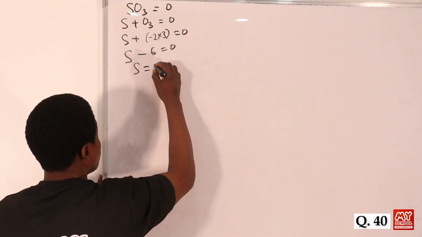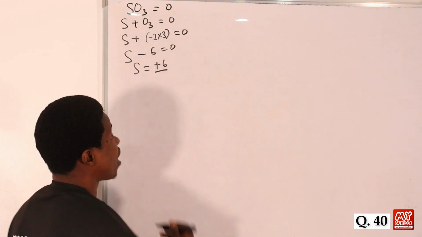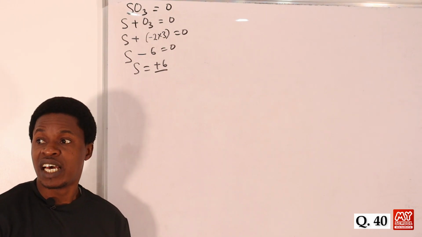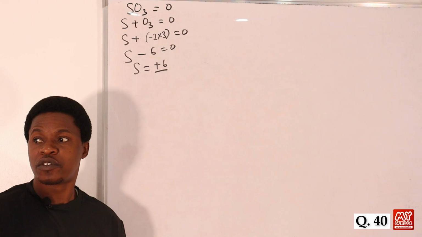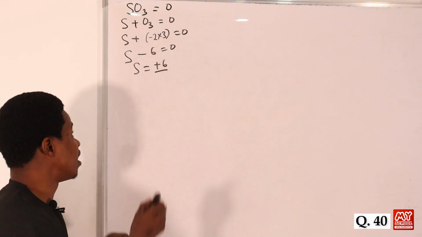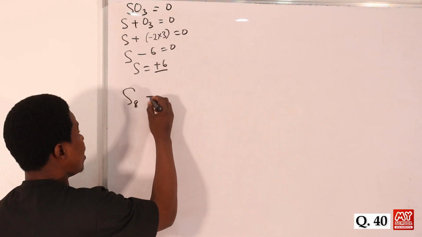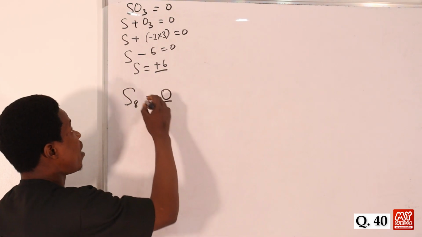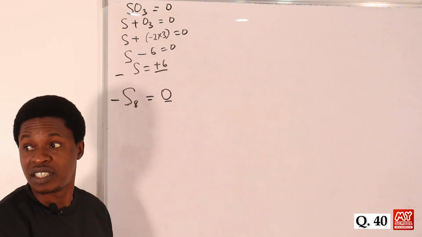So sulfur is equal to +6. If you look at the second one, we have S8, which is the atomic state of sulfur. In the free state, the oxidation state of an element is always equal to 0. So it is 0 at this point. Then the third option says H2S.